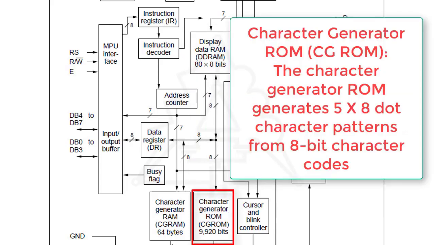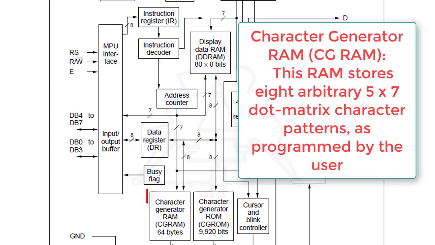The character generator ROM generates 5x8 character patterns from 8-bit character codes. This RAM stores 8 arbitrary 5x7 matrix character patterns, as programmed by the user.